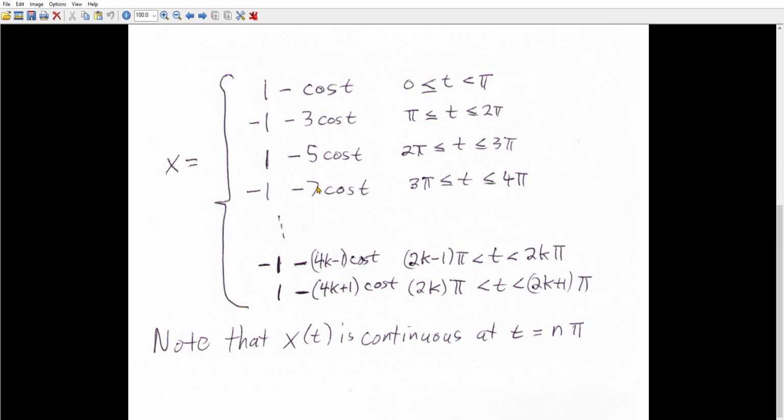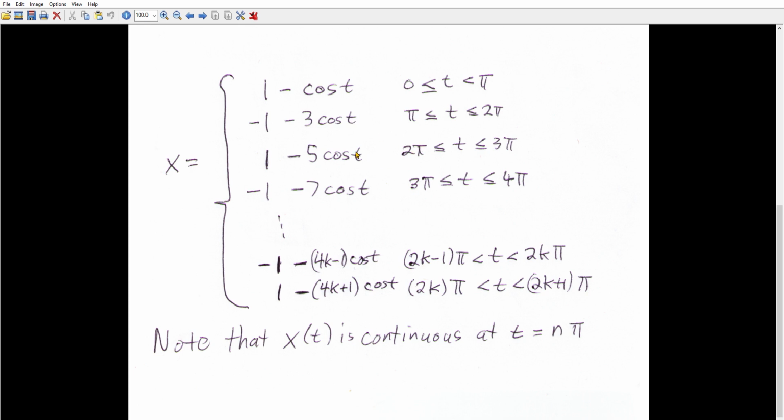The other thing to notice here is at pi, the value of this thing is 1 minus minus 1 or 2. At pi, the value here is minus 1 plus 3 or 2, continuous. At 2 pi, this thing is minus 1 minus 3 or minus 4.